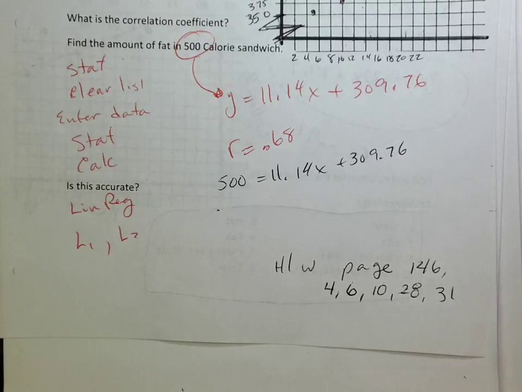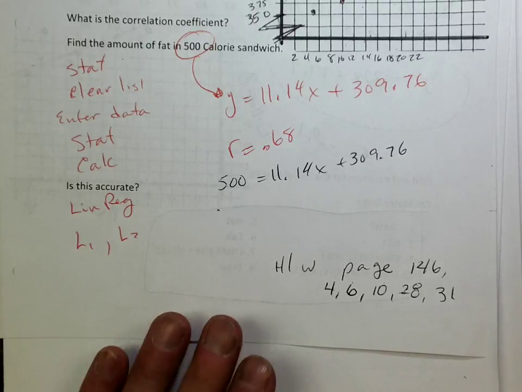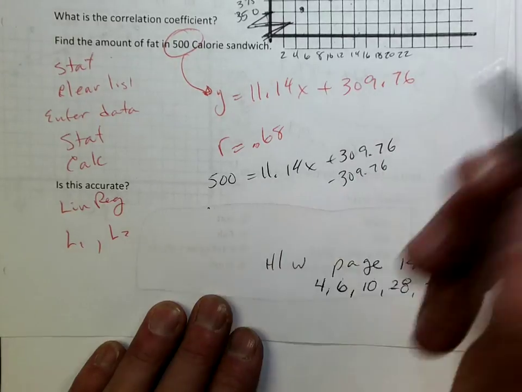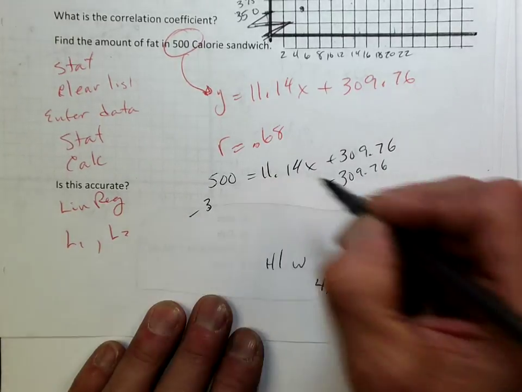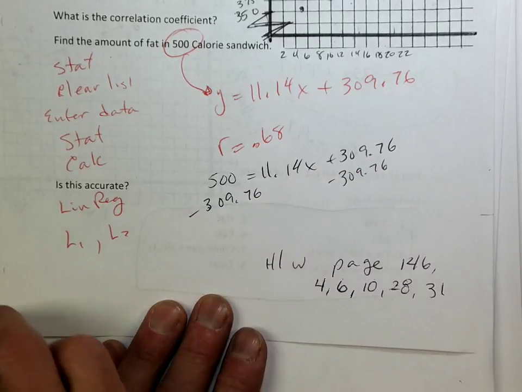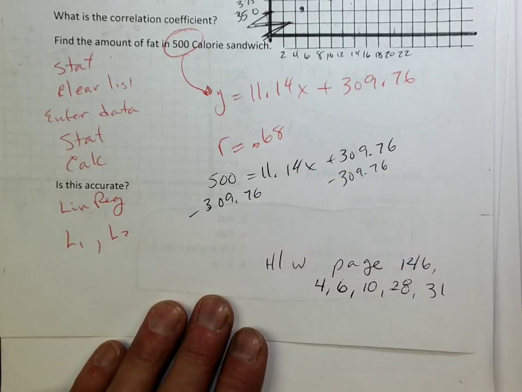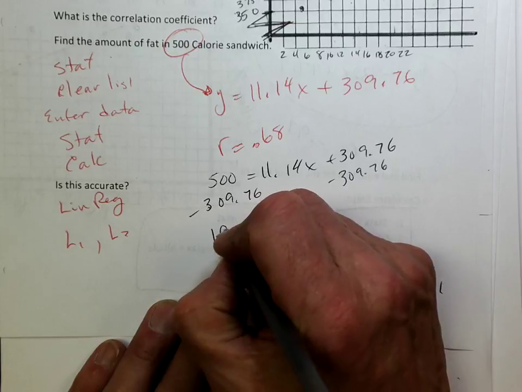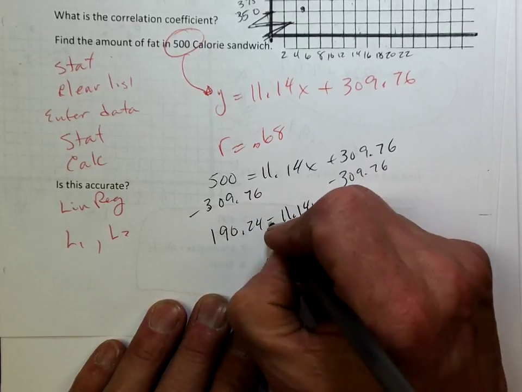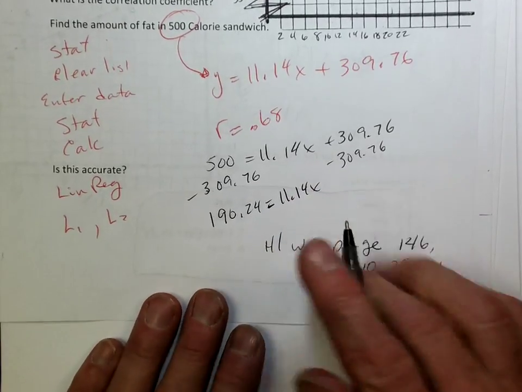How do you solve? Well, subtract. Am I going too fast? Minus 309.76, which you're going to solve for x. So I'm going to go 500 subtract 309.76, and I get 190.24 equals 11.14x.